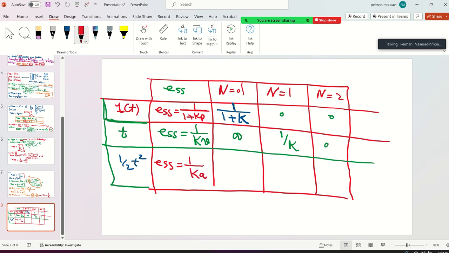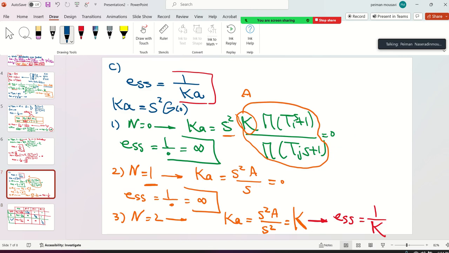With no integrator it was infinity, and the last was 1 over K. Okay, this is the table of system type versus different inputs.